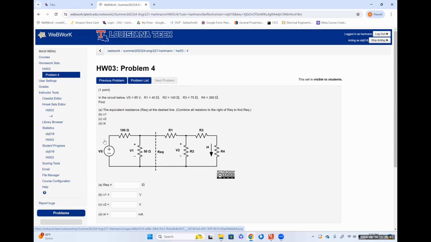So finding the equivalent resistance of everything to the right of the dashed line that says REQ, you could then apply voltage division just like I talked about a moment ago to solve for the voltage V1. But then you could do that exact same thing to solve for the voltage V2, and you could do effectively the exact same thing to find the voltage drop across element R4, and then just divide that voltage by R4 to get the current I4.